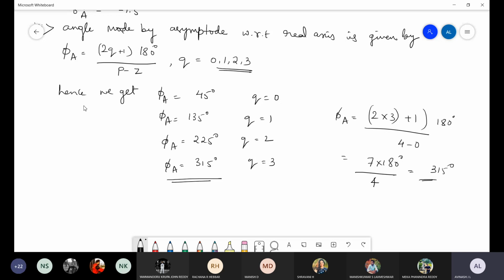So for every q, you calculate phi A: q equal to 0, 1, 2, 3. Like this, you will get the 4 answers. Is it clear to you?